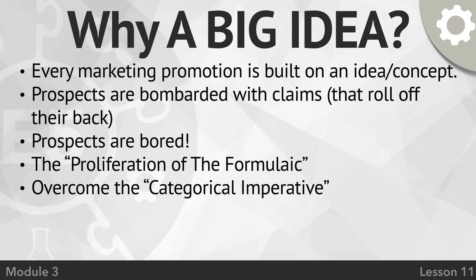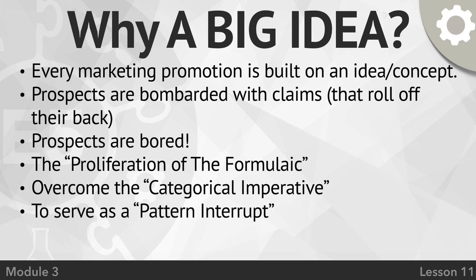We need to develop an idea that overcomes that categorical imperative, that overcomes that identification of a pattern. We have to avoid the identification of a pattern, avoid coming across as something that they've seen before, to prevent that categorical imperative reaction, to prevent that mental opt-out, and so on. And that's why we use the big idea to serve as a pattern interrupt, to present something that they don't expect, that they don't anticipate.